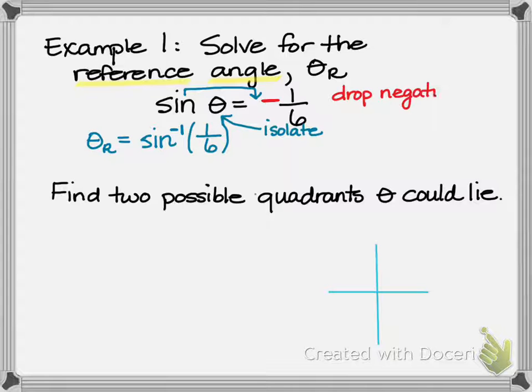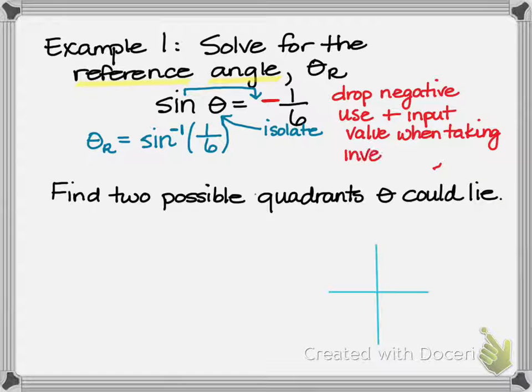For now, it's not like you're ignoring it completely, by the way. You're dropping it for this purpose. And I want you to always use a positive input value when taking the inverse, okay? So anytime you are going to take the inverse of a number, I want you to always make sure that that number is a positive number, okay?